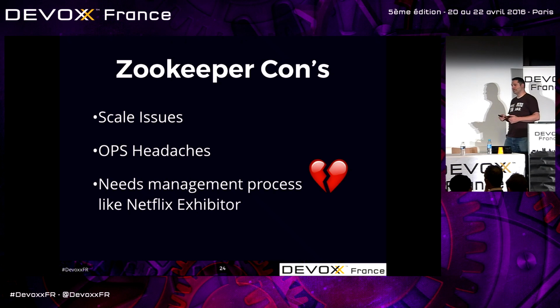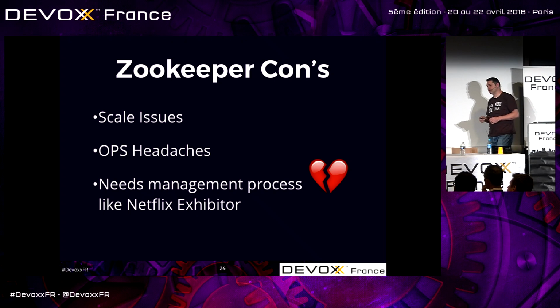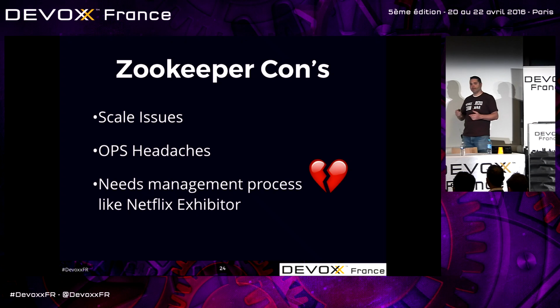You might need a management process like Exhibitor to keep things running. Say if you're running in AWS and a Zookeeper node goes down and you replace it with a new one, the cluster configuration is static, but Exhibitor allows you to update that cluster configuration.